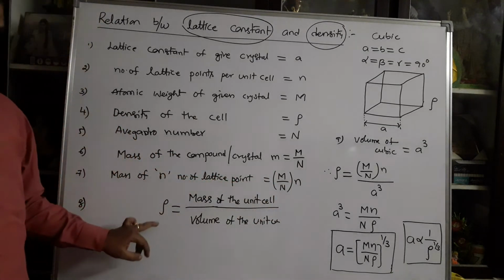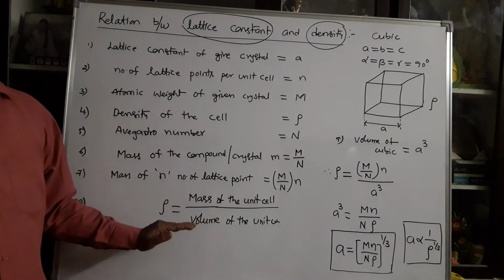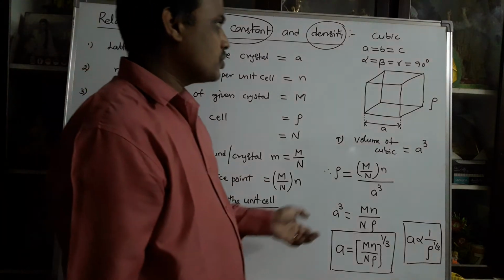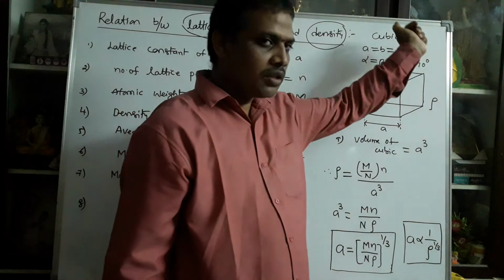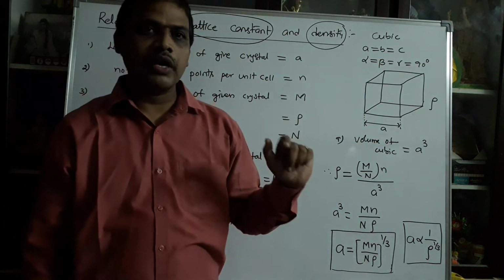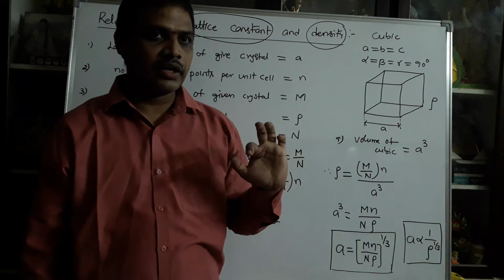According to the basic definition of density, mass by volume, it is the mass of the unit cell divided by the volume of the unit cell. Here we take the cubic structure, a equal to b equal to c, alpha equal to beta equal to gamma equal to 90 degrees.